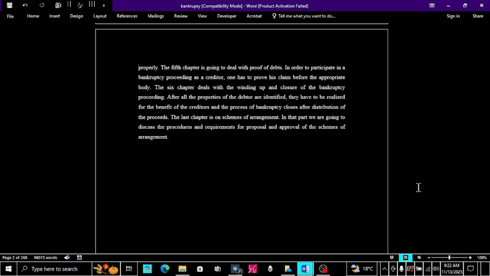The other thing is how to read the entire document without any interruption. To do so, we will press Insert plus down arrow key. First of all, let's go to the first page by pressing Control Home.